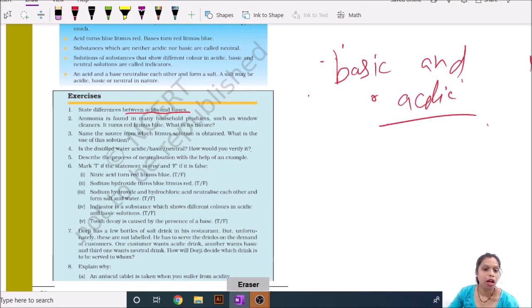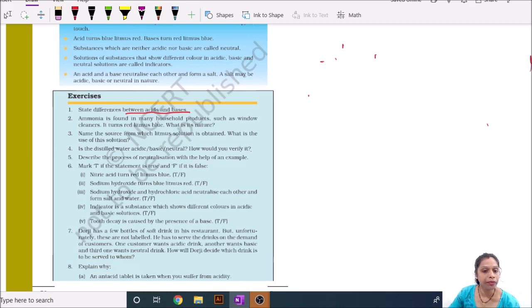Okay. Now our next question is, is distilled water acidic, basic, or neutral? How would you verify it?